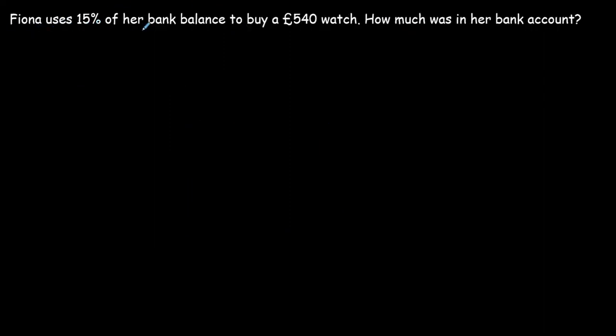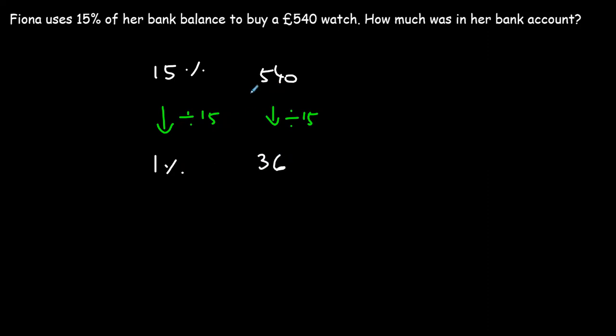Fiona uses 15% of her bank balance to buy a £540 watch. How much was in her bank account? So we know that 15% is 540. And then we divide both numbers by 15 to get 1%. So 1% is 36.